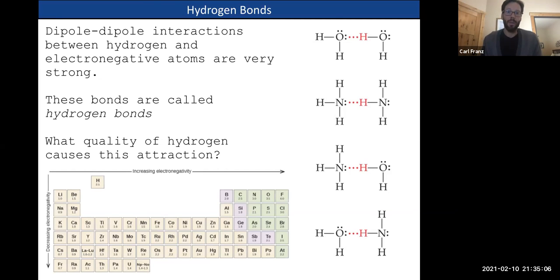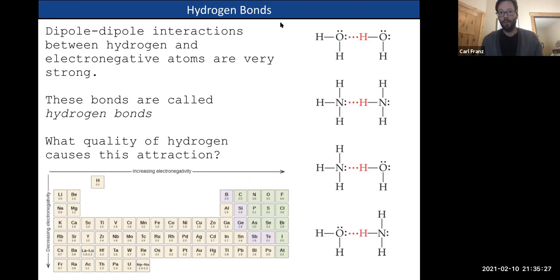Then we talked about hydrogen bonds, and that's going to be between a hydrogen atom and these really highly electronegative atoms, which we said were oxygen, nitrogen, and fluorine.